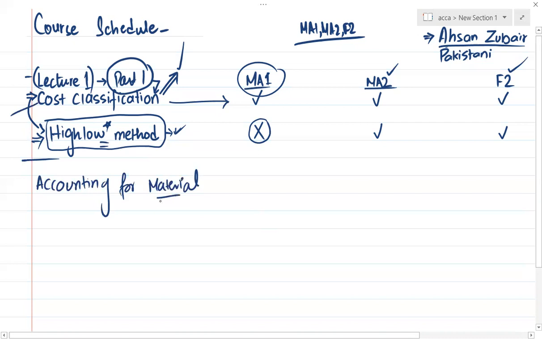For accounting for material, I will tell you which topic is related to MA1, MA2, or F2. Not every student from MA1, MA2, and F2 can do all the lectures, because some of the topics of accounting for material may not relate to MA1, MA2, or F2.